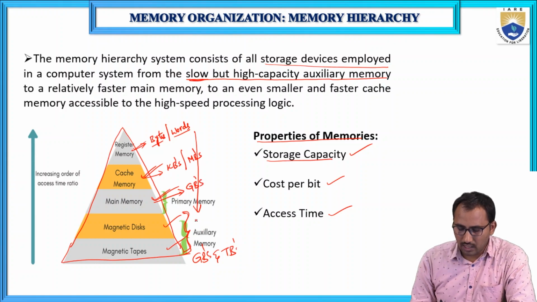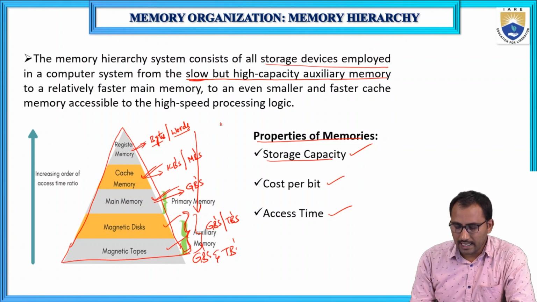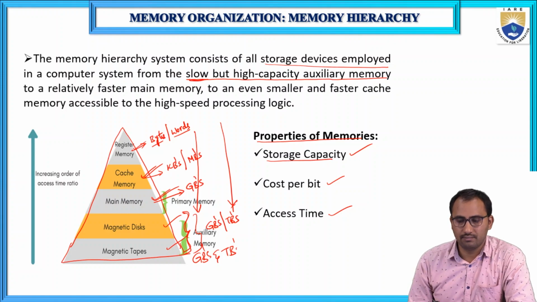And coming to the auxiliary memory, it is available in gigabytes or terabytes. So what happens when you observe from top to bottom? The storage capacity is increasing. So that is storage capacity.